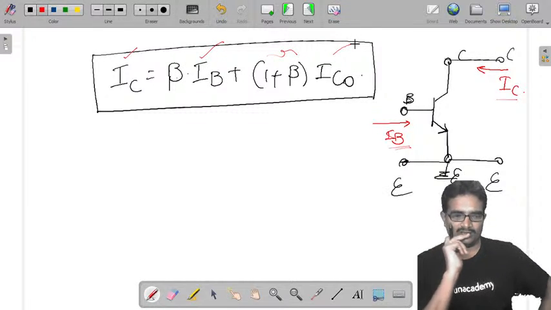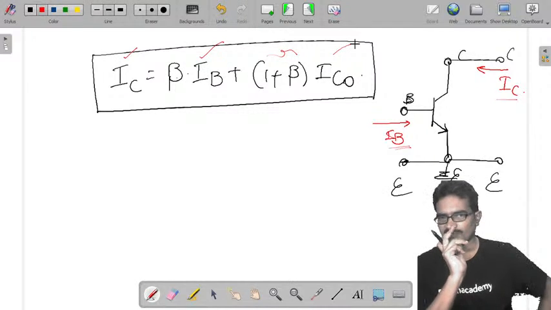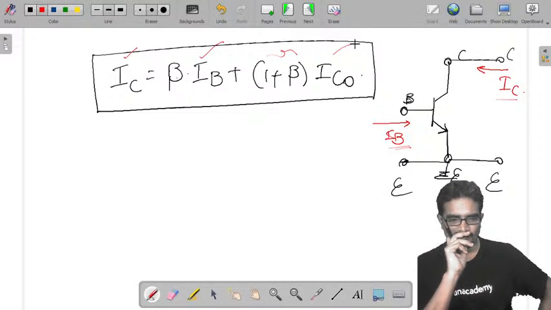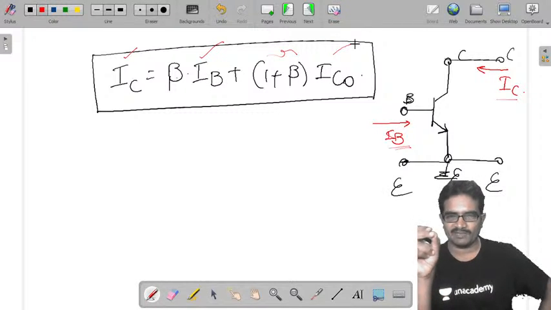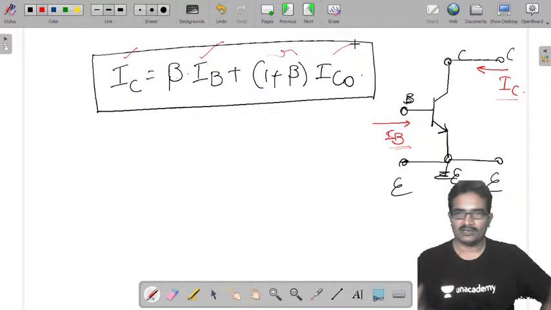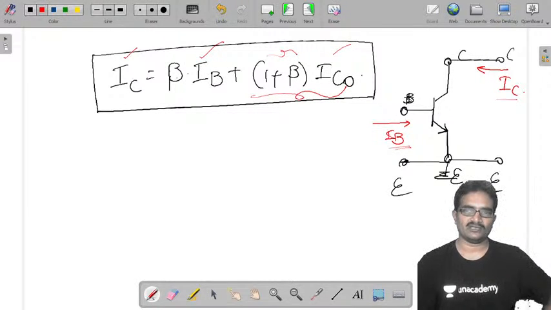So my dear students, here you need to keep one important thing in your mind, that is, always output current should be represented in terms of input current plus leakage current. So this is the leakage current in CE configuration, with the third terminal, base, open circuit.